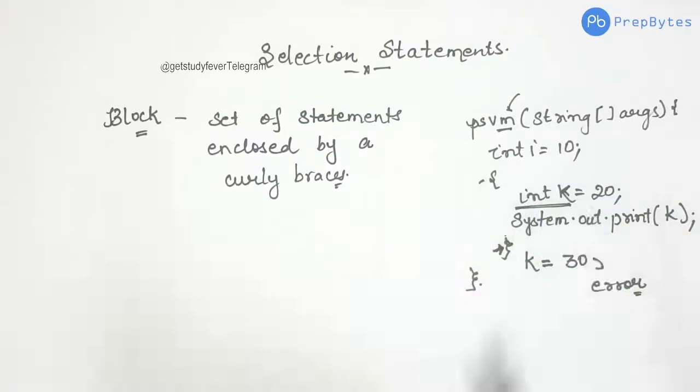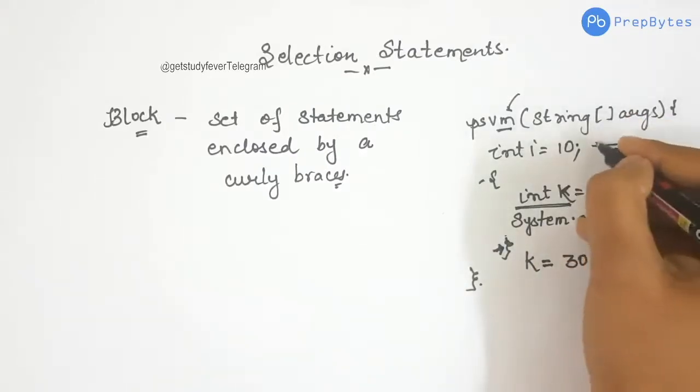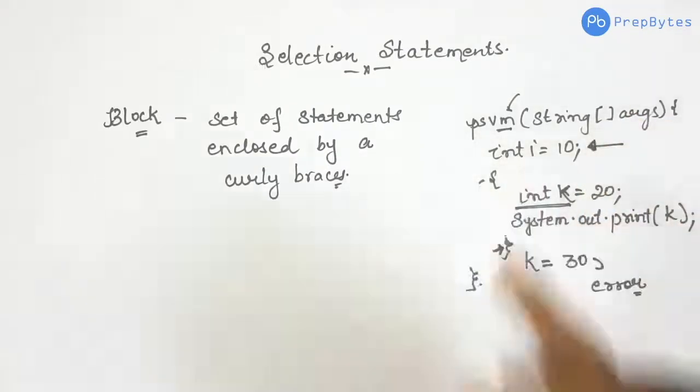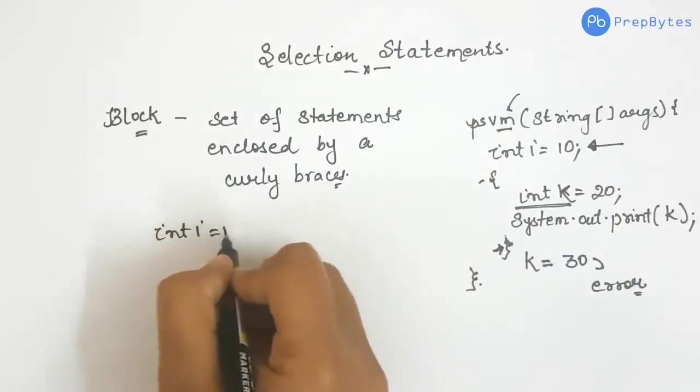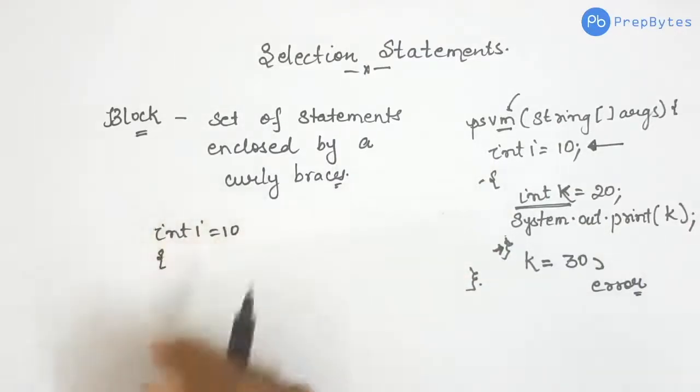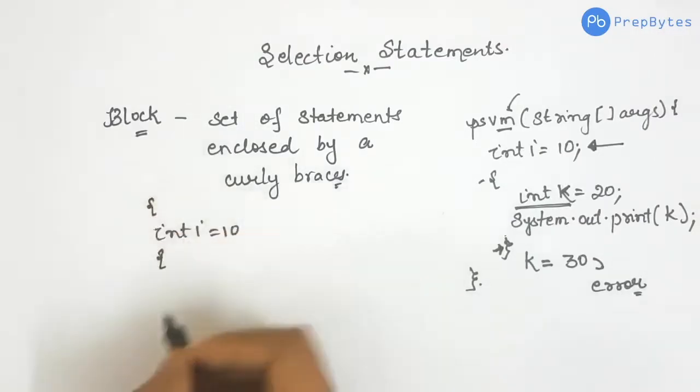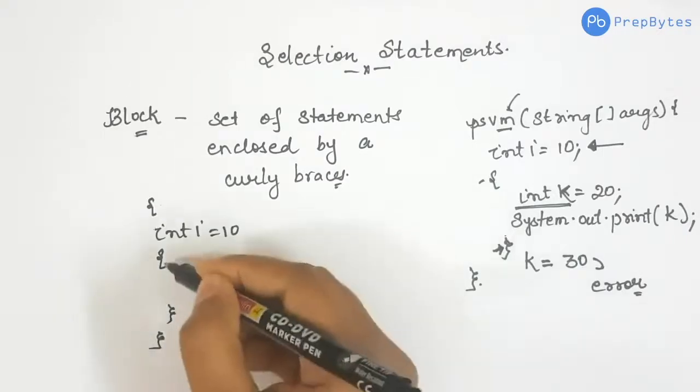One more thing, let's talk about i now. Again I have int i equal to 10, and let's say this was my topmost block. Let's say I have another block here.